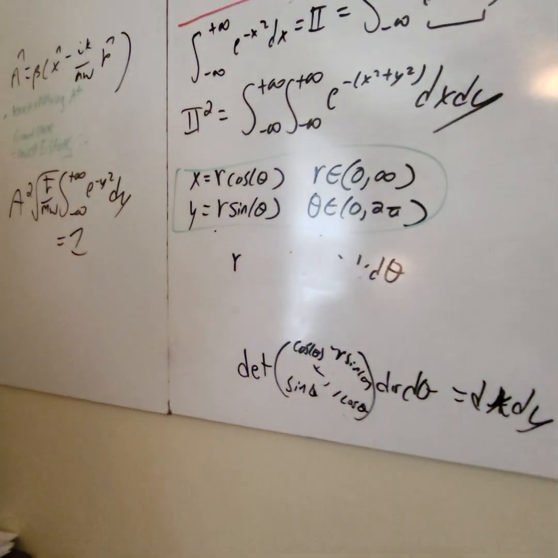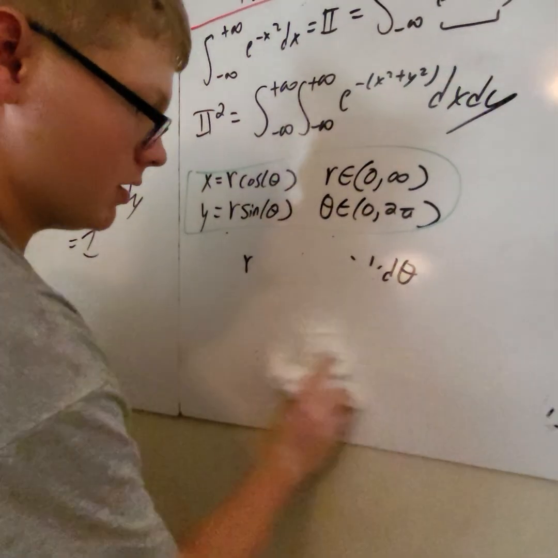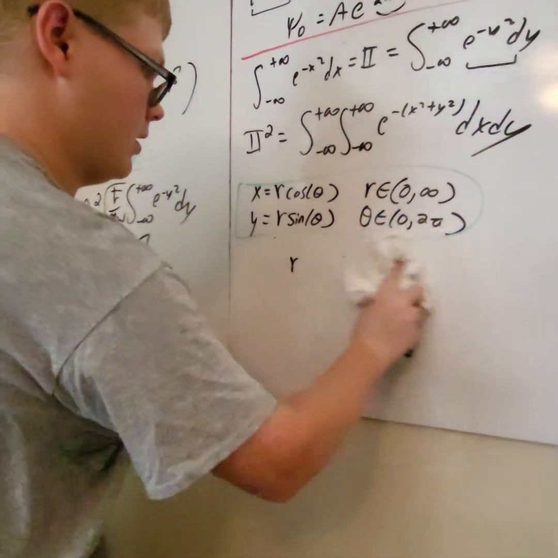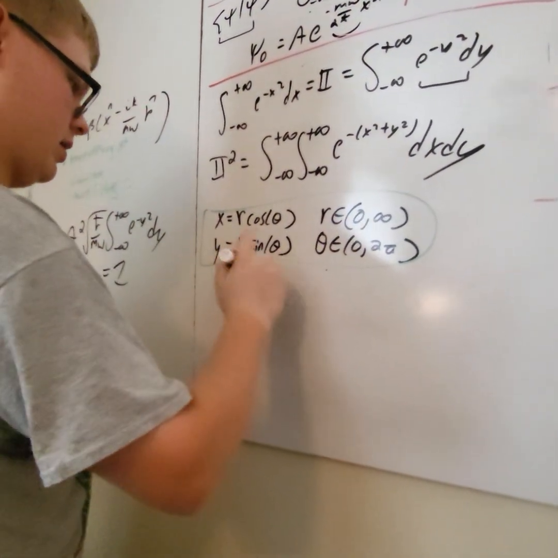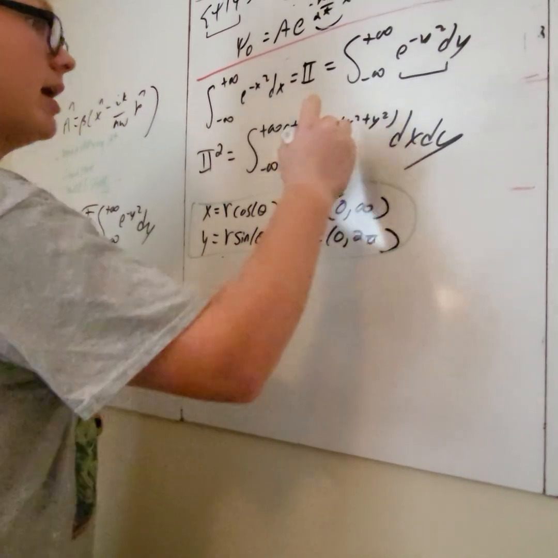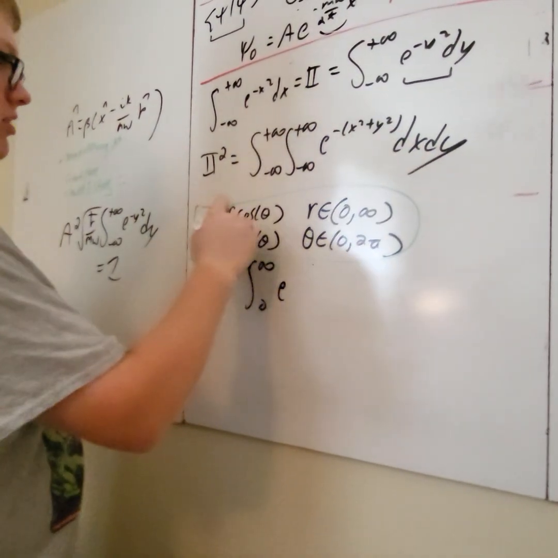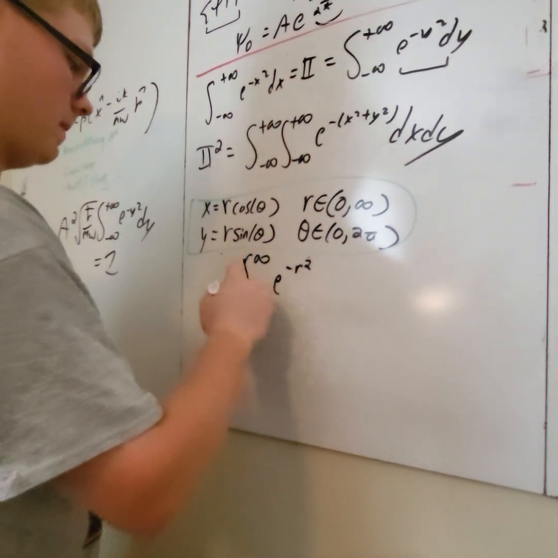So we're left with, and x squared plus y squared, same thing with the signs, it'll just go to negative r squared.